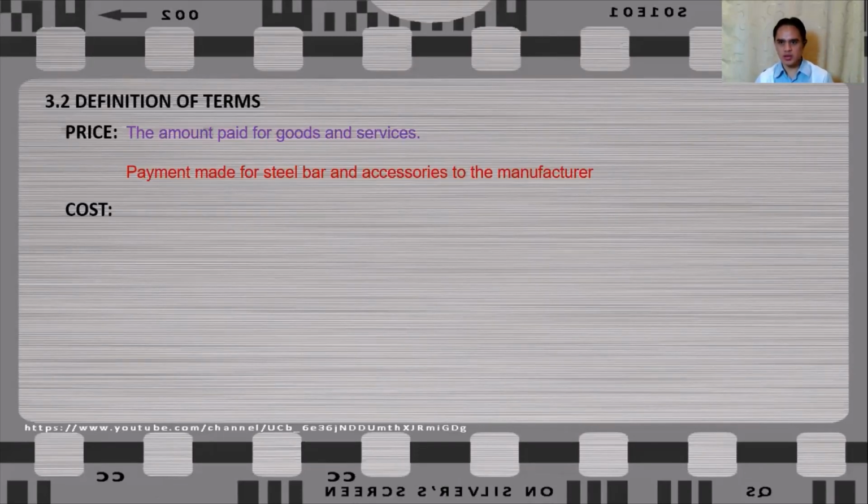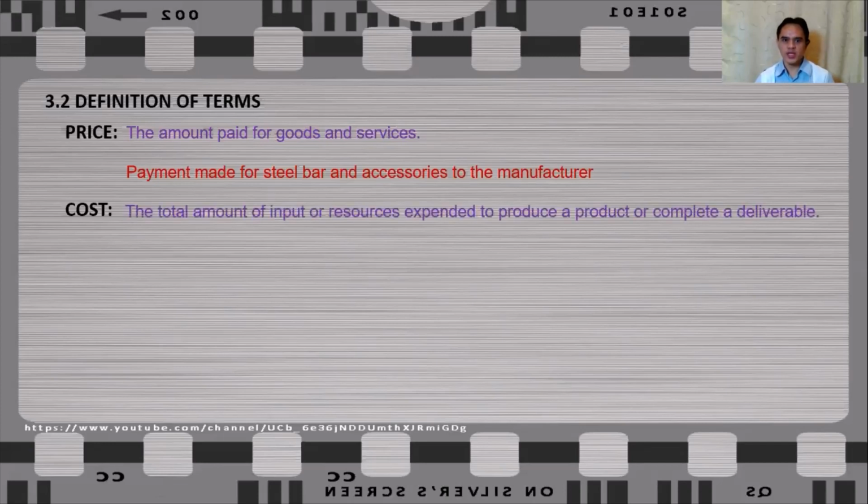Next is the cost. Cost is defined as the total amount of input or resources expended to produce a product or complete a deliverable. Now we are not talking only about price, we are talking about input, resources. So let's take again, for example, our supply and installation of reinforcing steel bars.